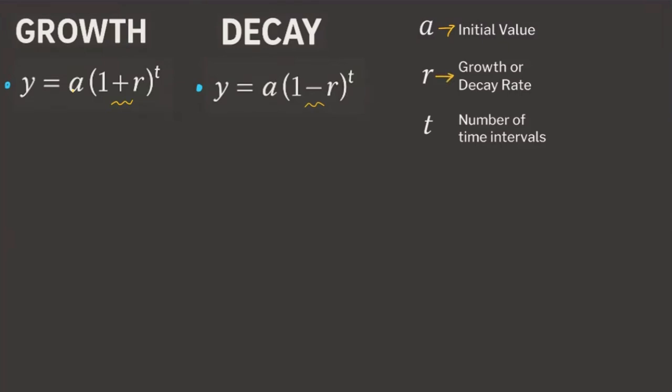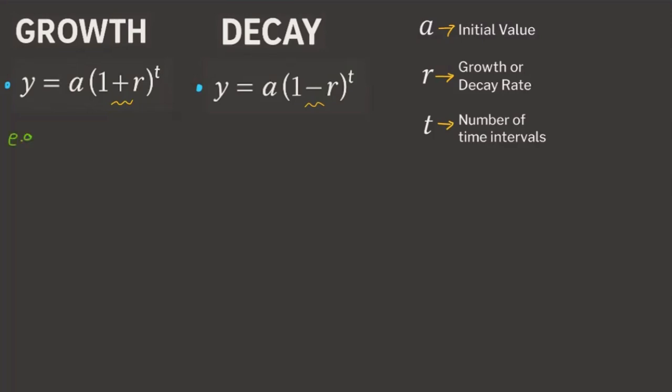This number is given as a percentage, so we convert it into a decimal and then we apply its value. t is the number of time intervals. The time intervals are usually given in years, but sometimes in months, half yearly, quarterly, and so on. So I'll give you an example where you can understand how to write an exponential function.